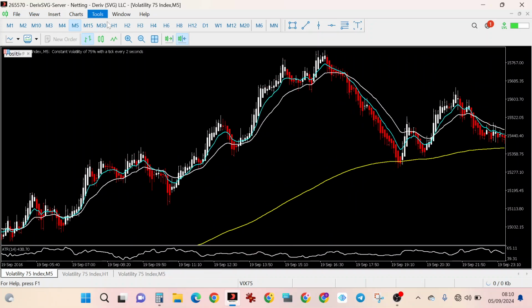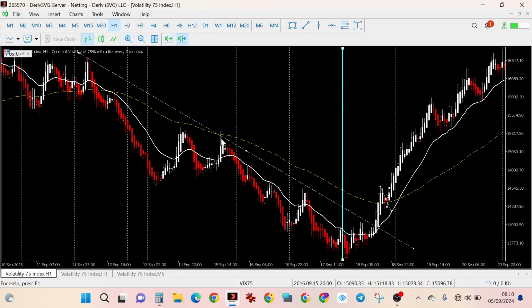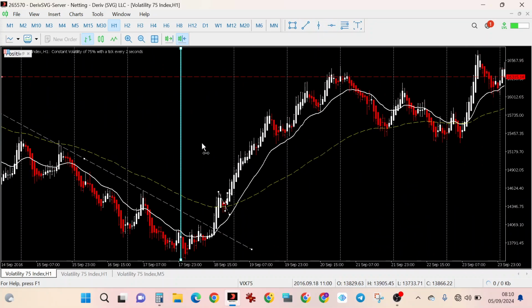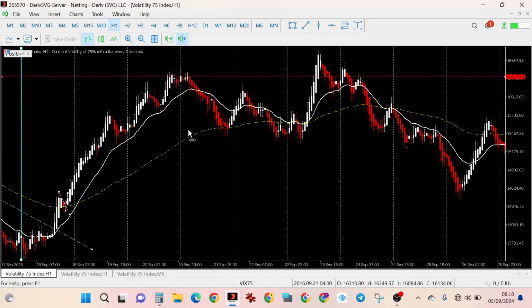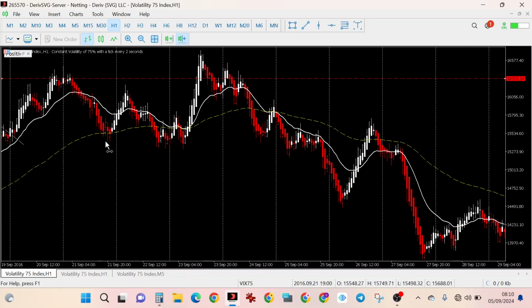Okay, let's check out another one. Let me go to H1 again. So the major target is actually up there. Here is the major target. So there's another one here, another setup, another pullback. Wait for the pullback, and the entry on the 5-minute chart.